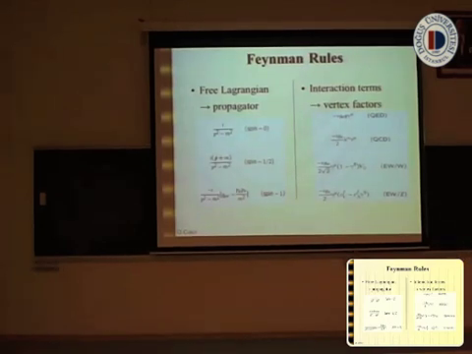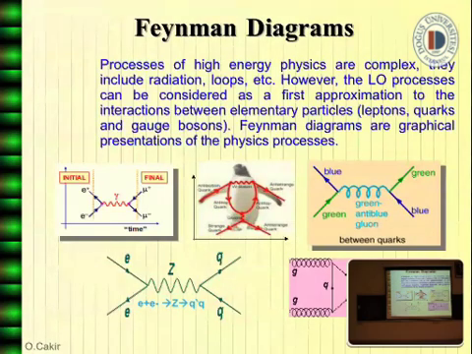The interaction terms give us the vertex factors for QED, QCD, electroweak interactions, and we can also draw the Feynman diagrams corresponding to a process or a sub-process.